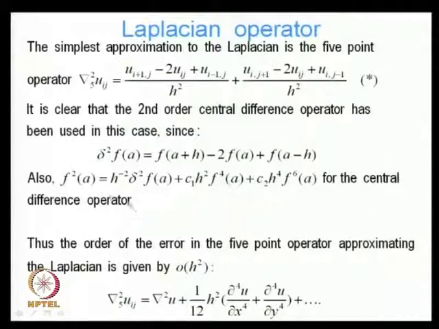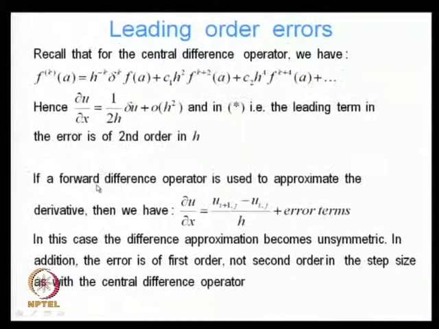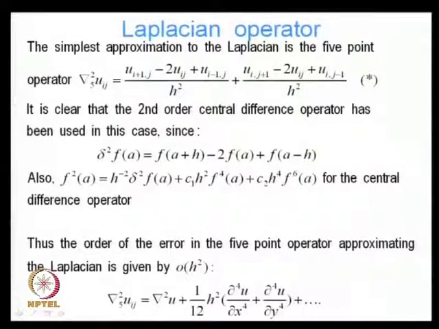Also let us recall from our previous relationship that the second derivative of f can be written as the central difference operator applied twice, plus the error term which is of order h square.